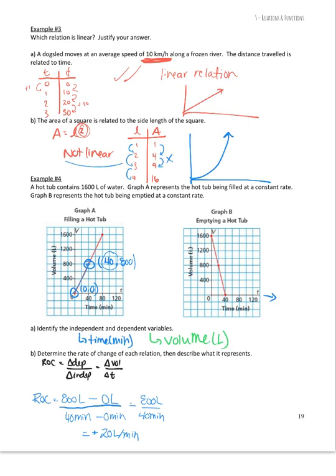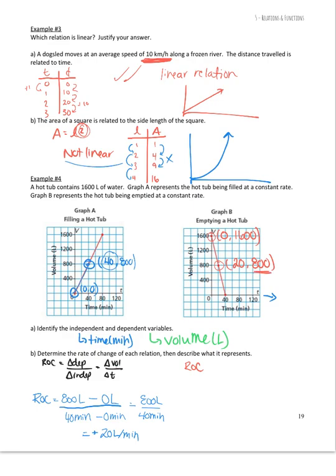So for graph B, we're going to do very much the same thing. I'm going to pick 2 points and I'm going to write their coordinates. So this is a time of 0, a volume of 1600, and this is a time of 20 minutes and a volume of 800. So again, rate of change is the change in volume.